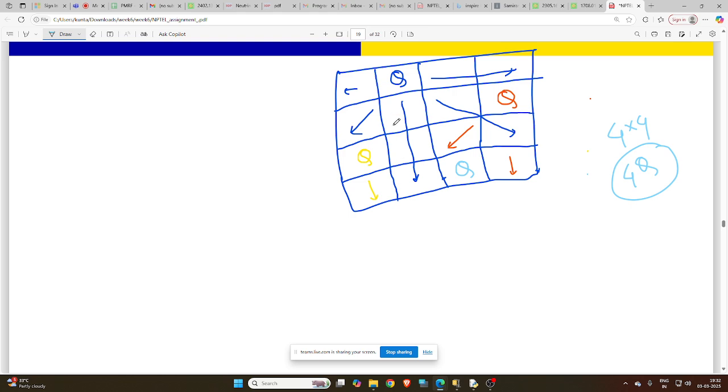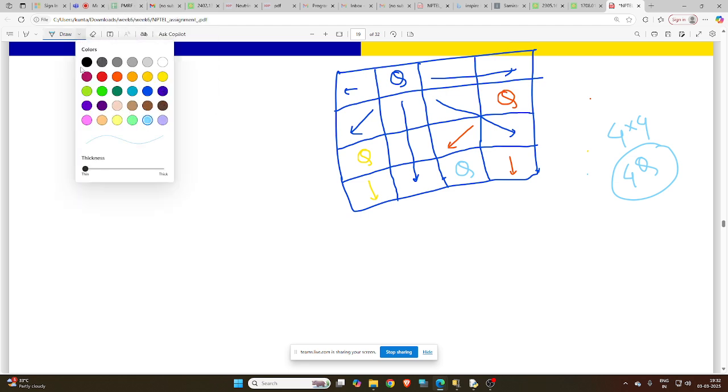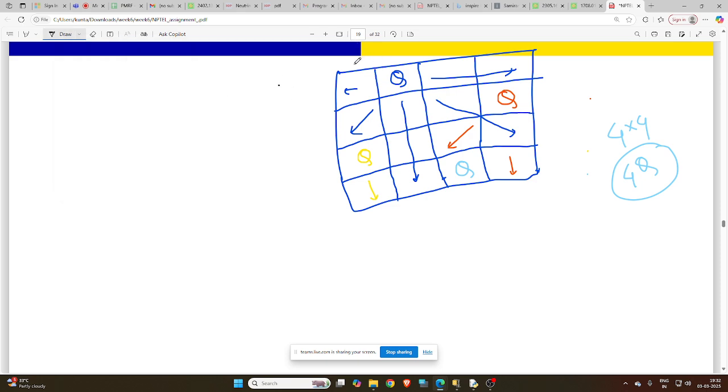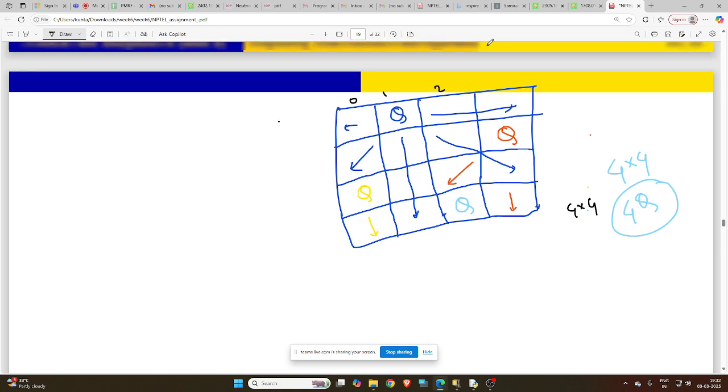Now go back to another ink, let's say black. You can see it is a 4 by 4 matrix, a 4 by 4 board. So you can see 0 1 2 3, and 0 1 2 3.